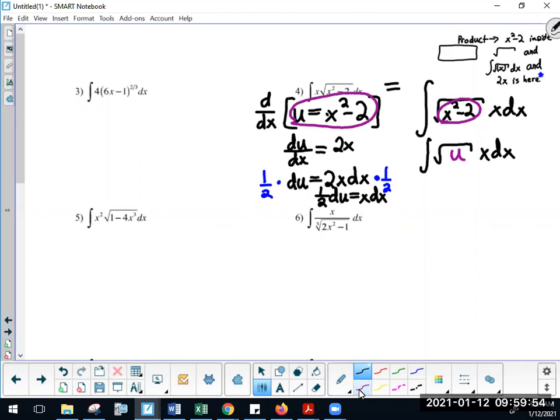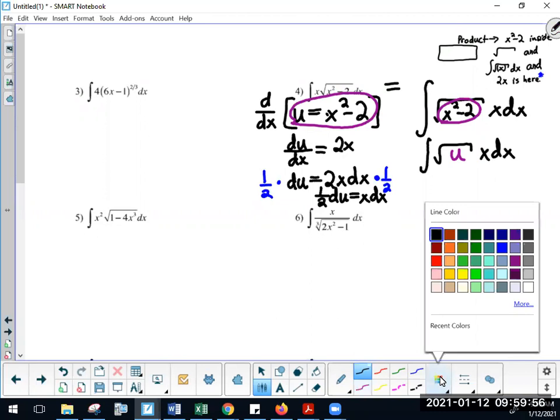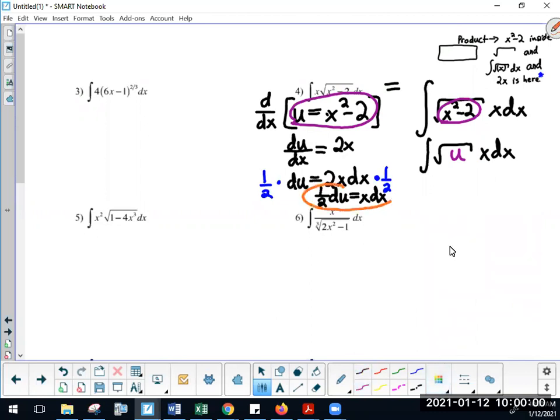But I can, because I've already planned for it, make a second substitution. 1/2 du can go right here. So if I use that, what I'm talking about then is this.